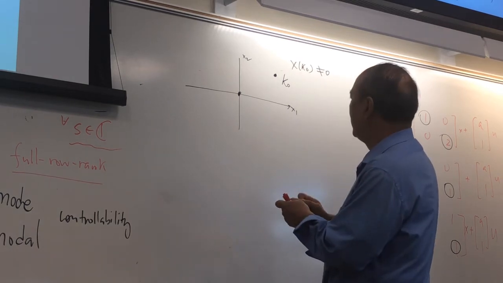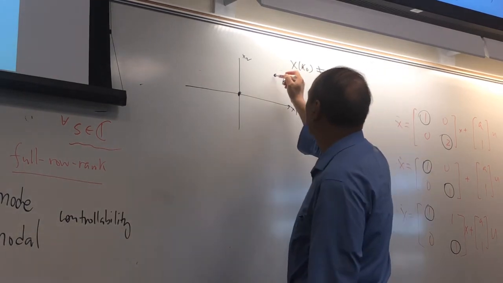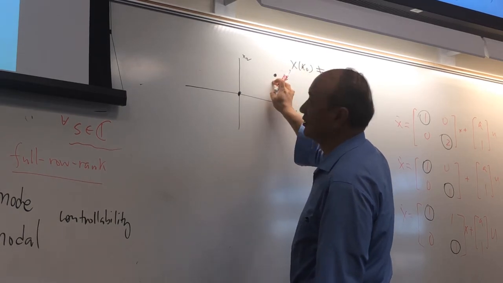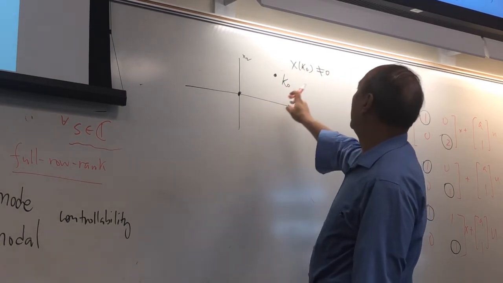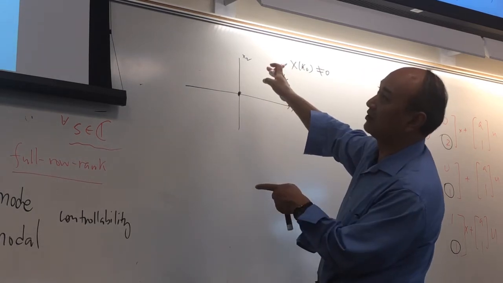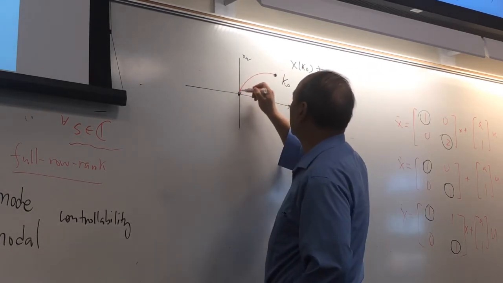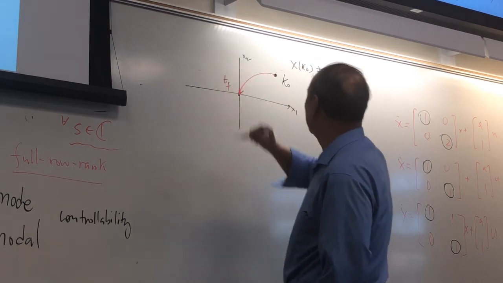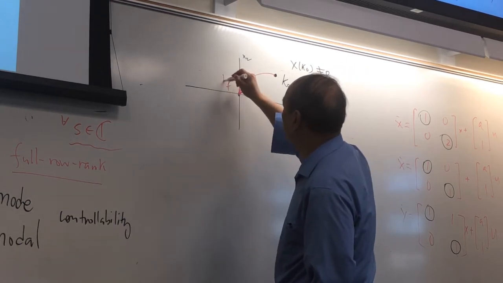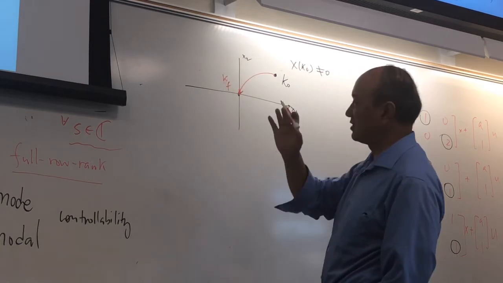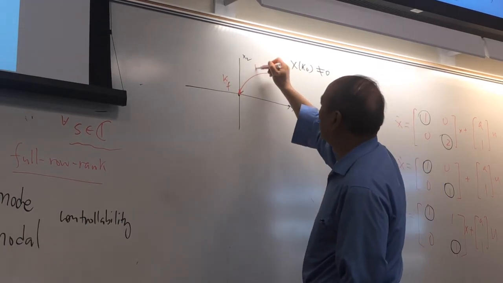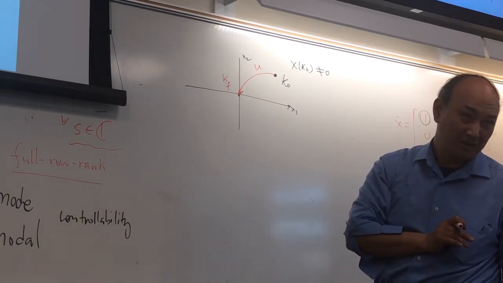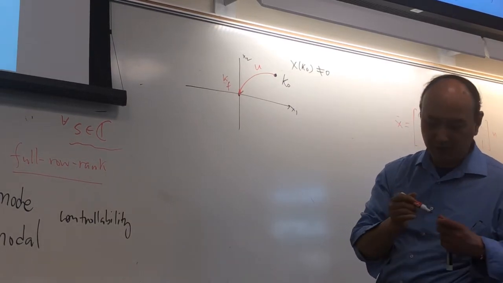I hope you can find me a control to move this K0 to the origin at a given time TF, or KF, given time steps. Define a control for me. If we can always find it, this is called controllable.